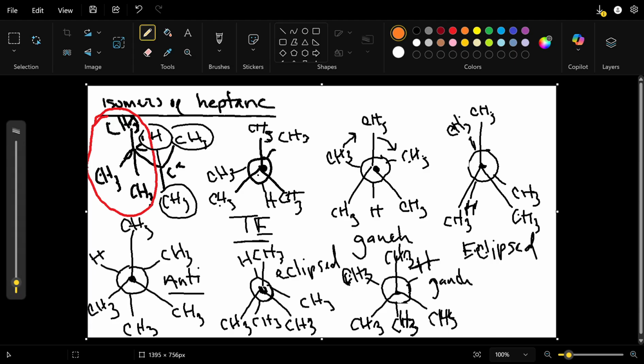And then the last one is going to be eclipse. I don't think I'm going to draw it out, but it's going to be just the same one as this one.